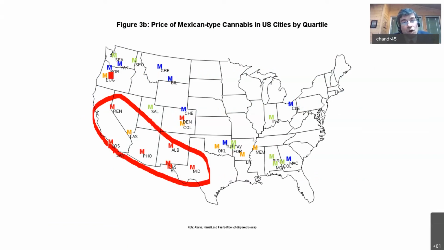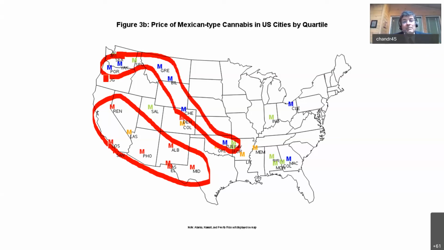And then as you move north, it gets more and more expensive until you reach this blue ridge of prices, right? And I guess you can include green also, because green is sort of kind of expensive, right? But this ridge happens up north, and then beyond that, you don't see Mexican cannabis.